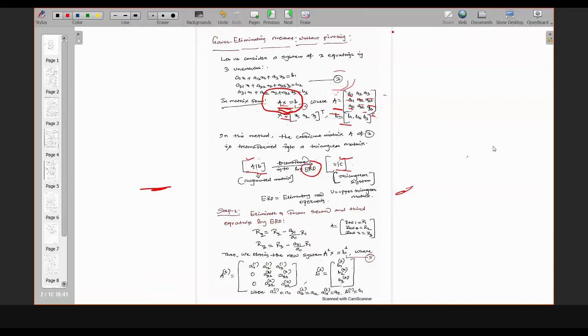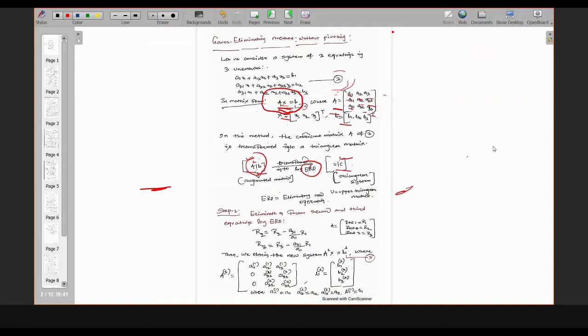You know elementary row operations, as you have studied in matrix theory. That was in maths too, so you know these things. So I am applying elementary row operations to convert the augmented matrix, that is the combination of the coefficient matrix and B, into an upper triangular system. And then in step 1, what have we done?